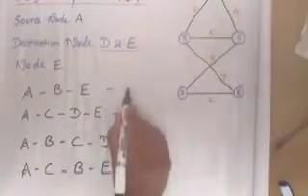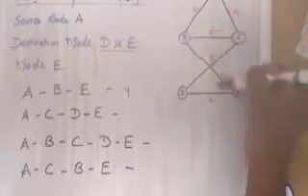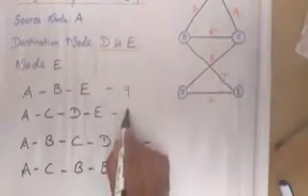Find the cost involved in route number 1, ABE, 2 plus 7, it is 9. Then route number 2, ACDE, where the route cost is 4 plus 3 plus 2, 7 plus 2, 9.